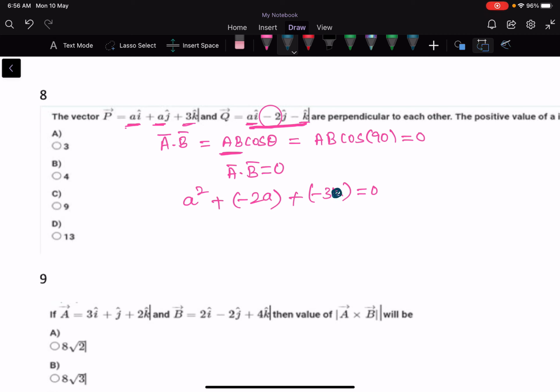So you will get a square minus 2a minus 3 is equal to 0. Solve this quadratic equation to get the value of a.